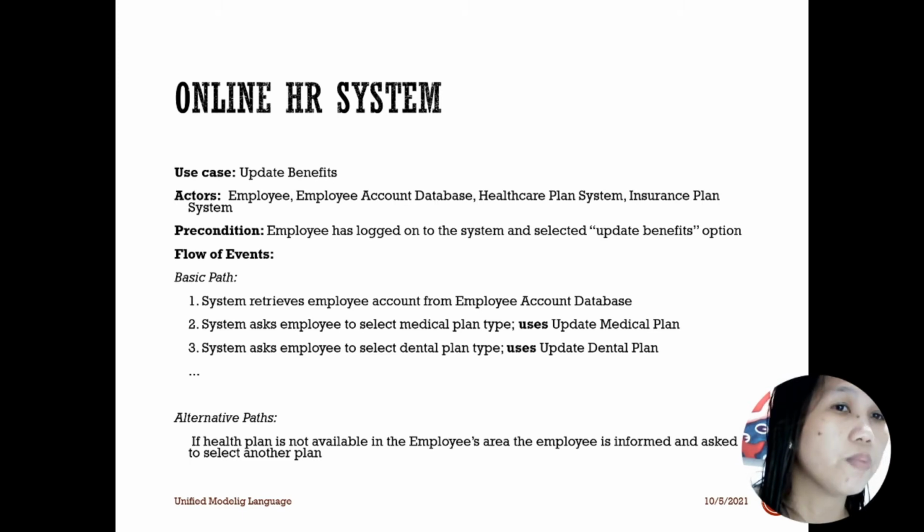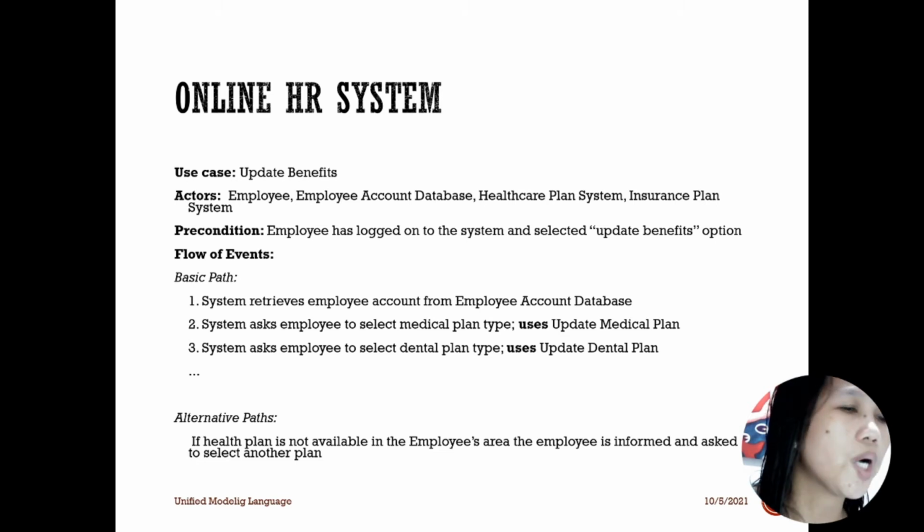That will be the option. What are the flow of events? The system retrieves the employee account from the employee account database, and then the system asks the employee to select medical plan type, and uses update medical plan. Then the system will ask the employee to select the dental plan type, and it uses update dental plan.